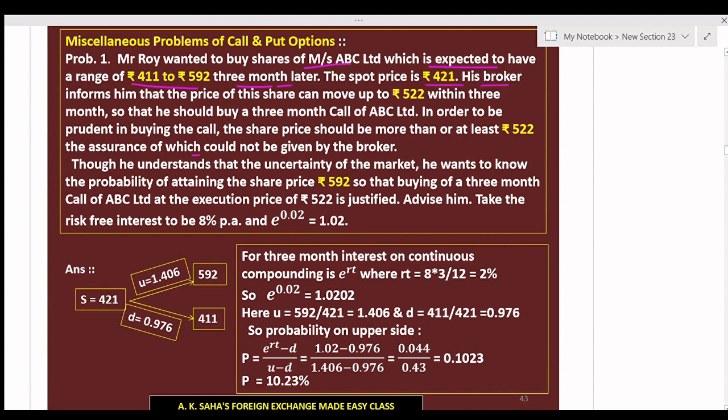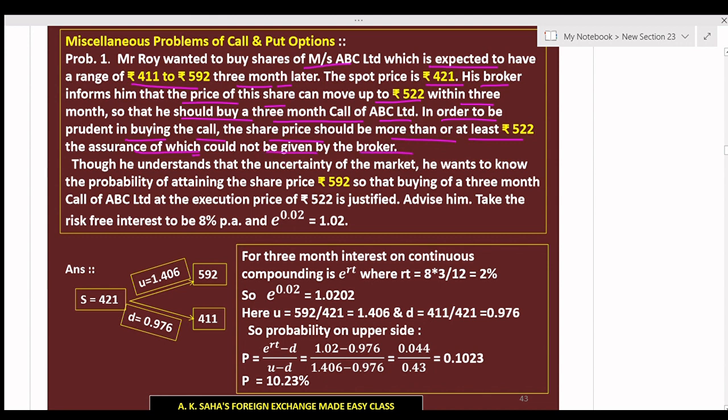His broker informs him that the price of the share can move up to rupees 522 within 3 months, so he should buy a 3-month call of ABC Limited. In order to be prudent in buying the call, the share price should be at least rupees 522, the assurance of which could not be given by the broker.